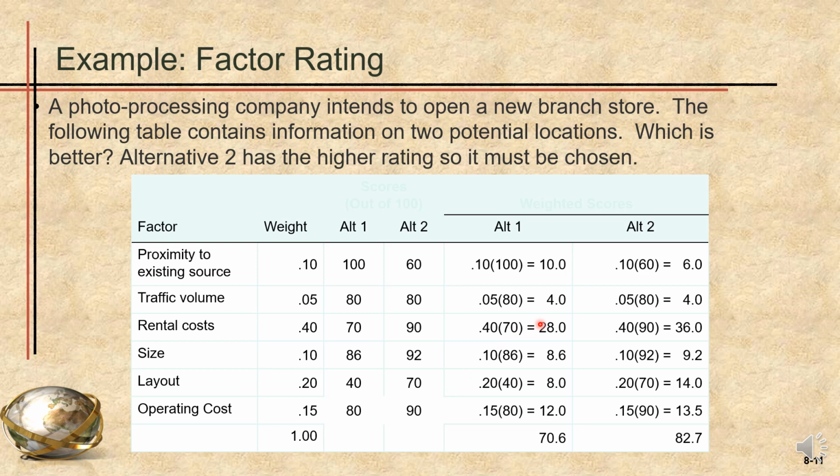And obviously, since we are using factor rating, here is our criteria, the factors that we are considering for our location decision. So the alternative that will give us the highest rating will be chosen. So just like here, 82.7. So that means alternative 2 will be chosen.